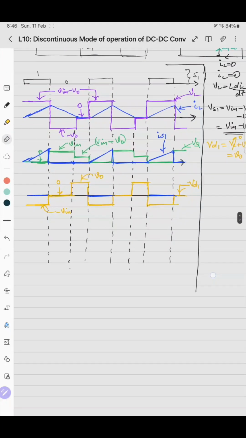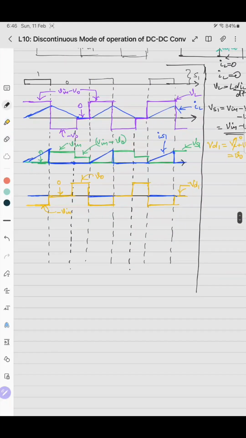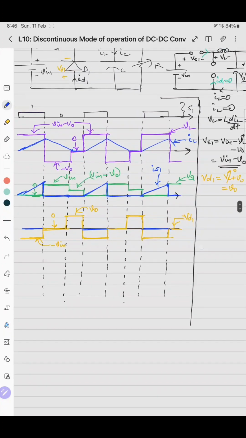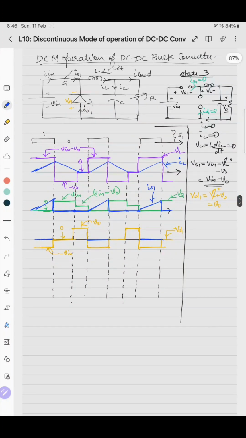To make the symmetry, we'll go with the current through the diode. When the switch is on, diode is off, the current in it is 0. We have already noted. When the switch is off, diode is forward biased, the current through it is IL. So we have to draw IL. It is a falling slope. I will erase this.